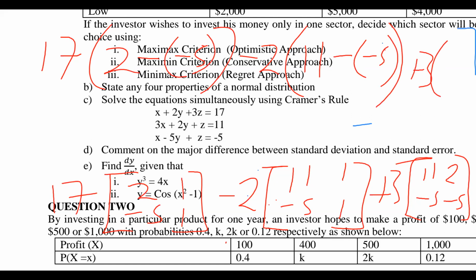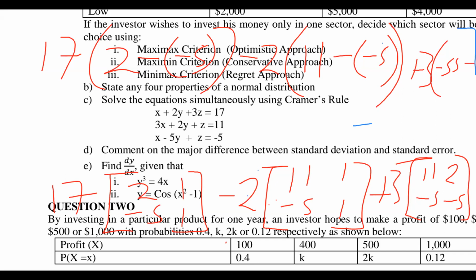That is the 11 times the negative 5, negative 55. Okay, minus the negative 5 times 2, which is 10.